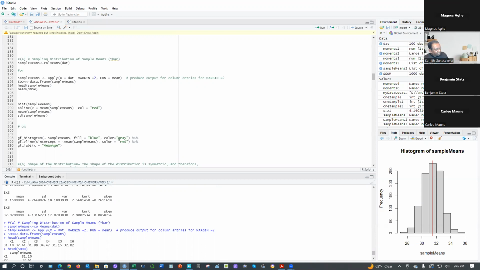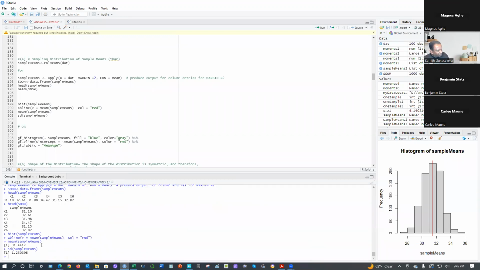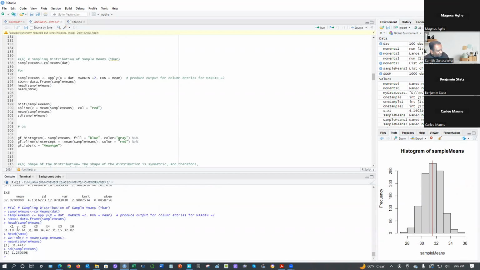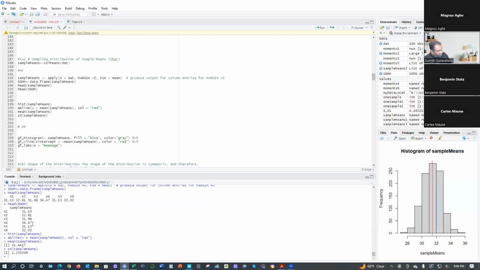On the other hand, this standard deviation should be one of the sample standard deviations divided by the square root of n. This one is 4.26 divided by the square root of 100, which is 10, which means 0.4242. See, it's far away from that one.